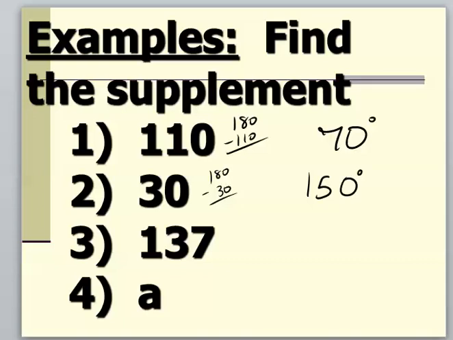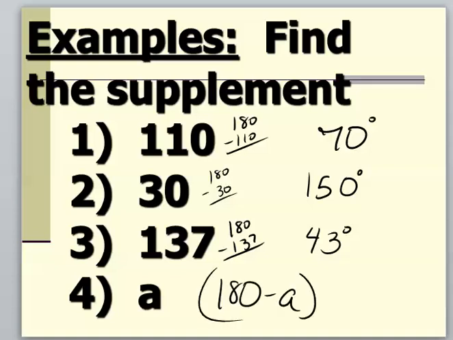Number 3, the supplement of 137, what you would put with 137 to get 180. If you subtract, you will find that it should be 43 degrees. Just like our example 4 with complement, the supplement of A would be 180 minus A degrees.